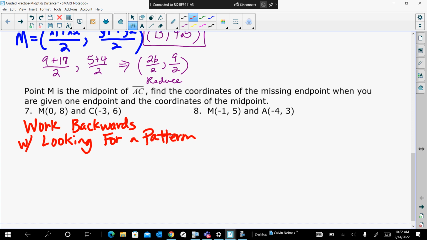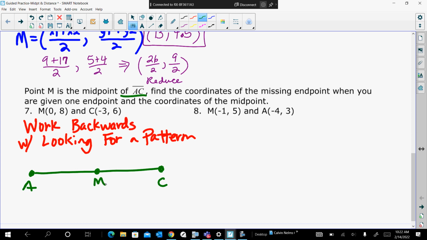Because the point M is the midpoint and that has been given to you, they want you to find the missing endpoint. You need to line them up like it was a segment. We're talking about segment AC right here. So it goes from A to the endpoint C. M is your midpoint. I forgot to put the A there. Sorry.